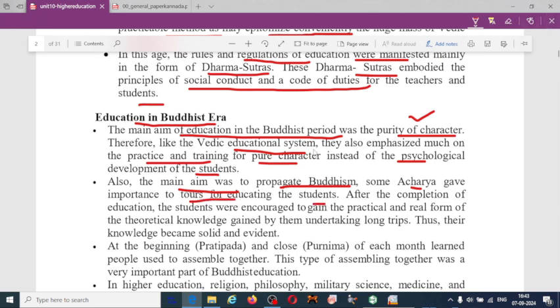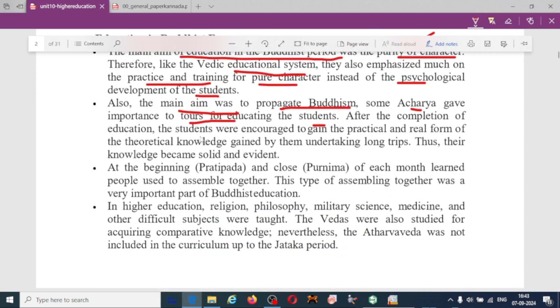After the completion of education, the students were encouraged to gain practical and real form of the theoretical knowledge by undertaking long trips. They had to go on tours and travel within India to gain knowledge and make it solid and evident.